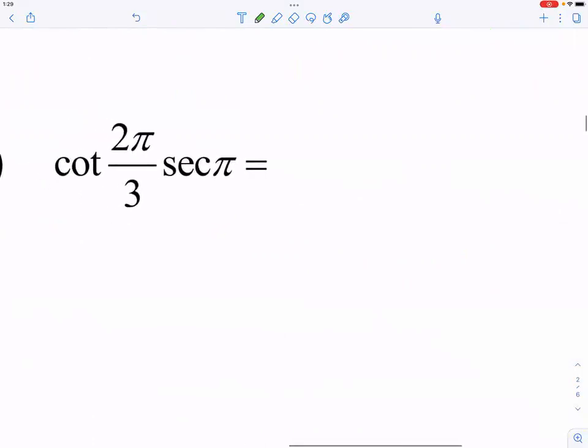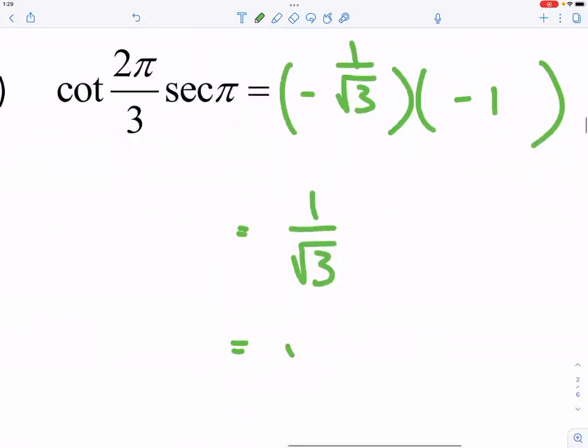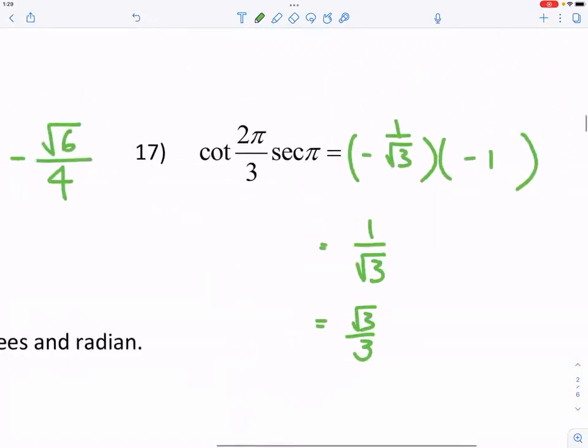And then you look at this. Cotangent of pi over 3 is 1 over root 3. And secant of pi is negative 1. So you have negative 1 over root 3, and then negative root 3 over 3 as the answer.